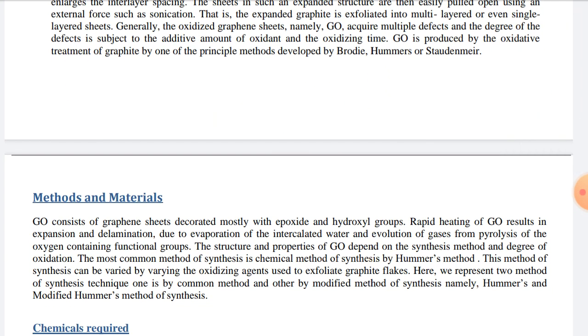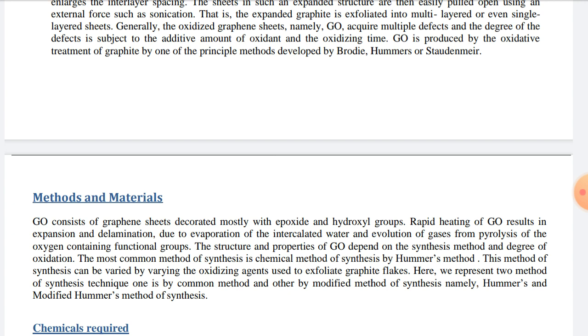Graphene oxide consists of graphene sheets decorated mostly with epoxide and hydroxyl groups. Rapid heating of graphene oxide results in expansion and delamination due to evaporation of intercalated water and evolution of gases from pyrolysis of the oxygen-containing functional groups. The structure and properties of graphene oxide depend on the synthesis method and degree of oxidation.